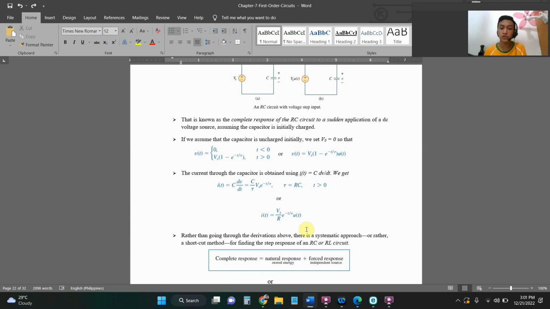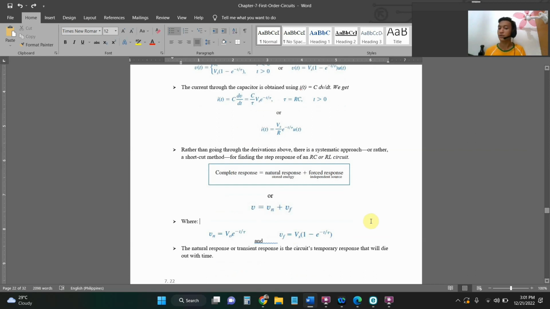Since we're talking about the capacitor, tau is equal to RC, and time t must be greater than 0. So I equals V_s over R e^(-t/tau).